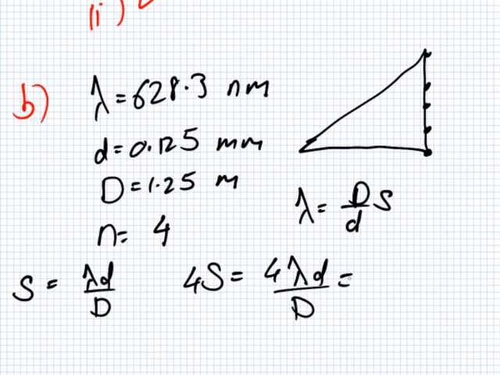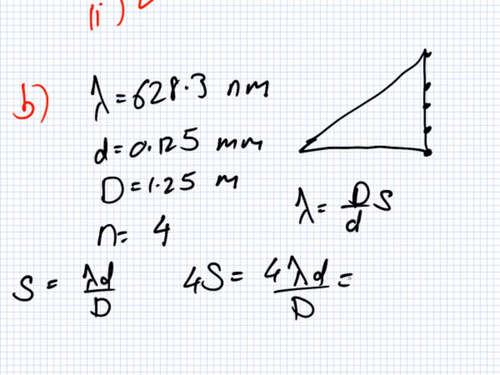Times 0.125 times 10 to the minus 3 divided by 1.25, and I get an answer which is way too small, but the right number, which means I've done something with my decimal places.